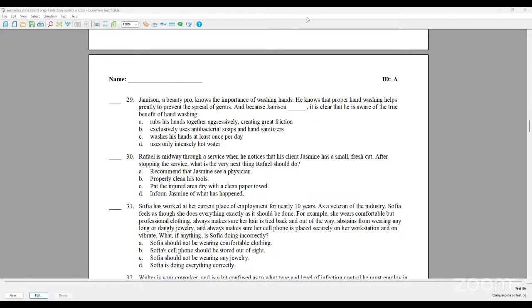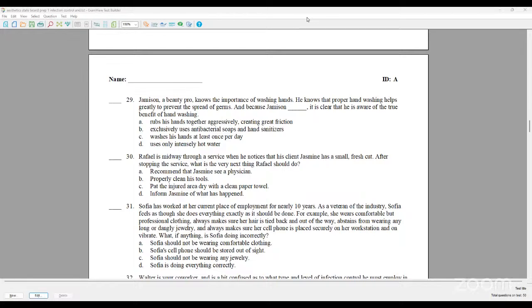All right, here we go. Number 29. It says, Jameson, a beauty pro, knows the importance of washing hands. He knows that proper hand washing helps greatly to prevent the spread of germs. And because Jameson blank, it is clear that he is aware of the true benefit of hand washing.